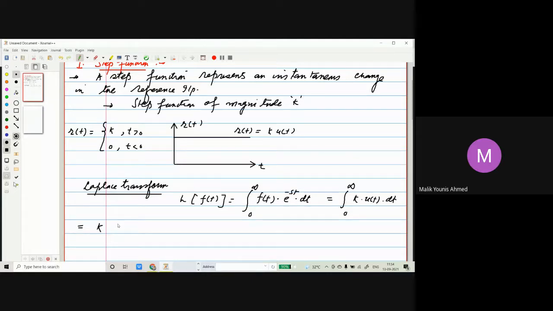So k, then, sorry, this is e to the power minus st here, multiplied for the definition. Then it will be integration of this, minus 1 by s, from 0 to infinity, that is k e raised to the power of minus infinity at the upper limit minus e raised to the power of 0. e raised to the power infinity is 0, k by s, anything raised to the power 0 is 1.